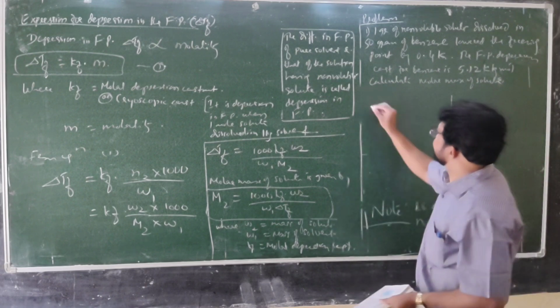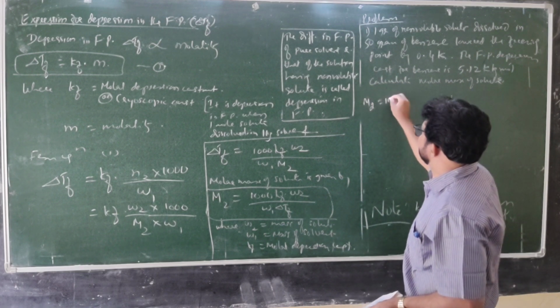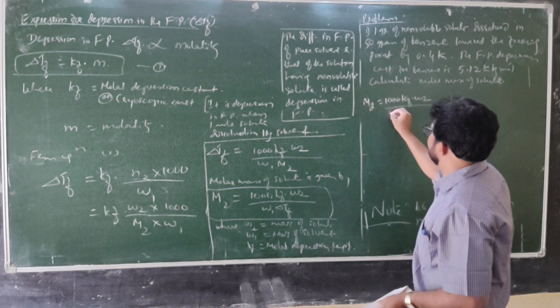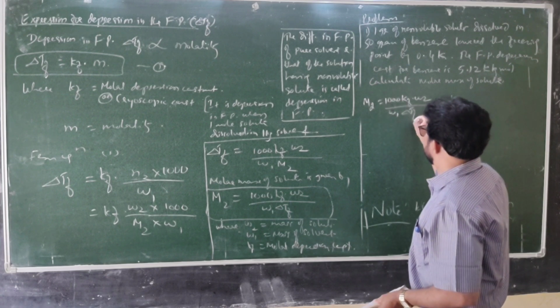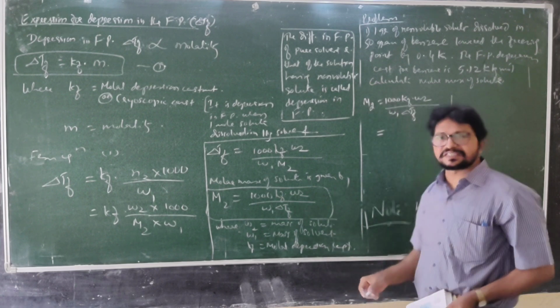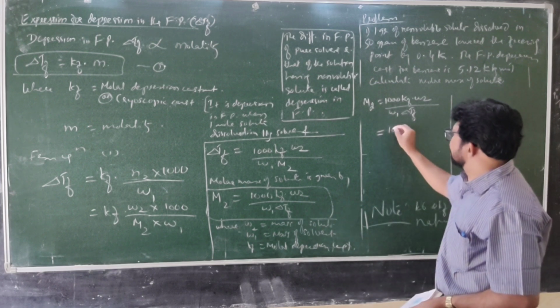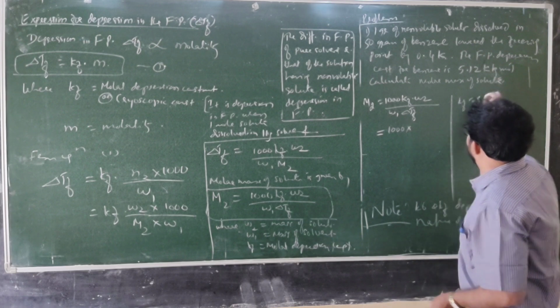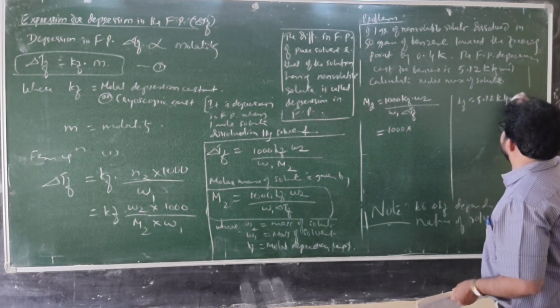Write the formula. M2 equal to 1000 Kf into W2 divided by W1 into delta Tf. So directly everything is given. 1000 Kf. What is Kf? 5.12 kg per mole.